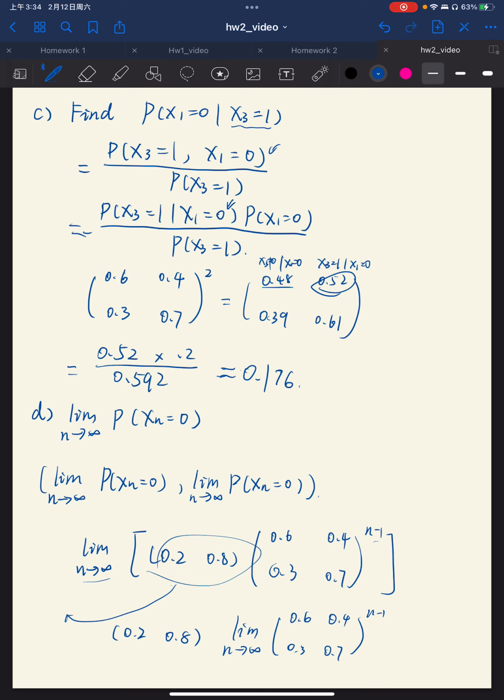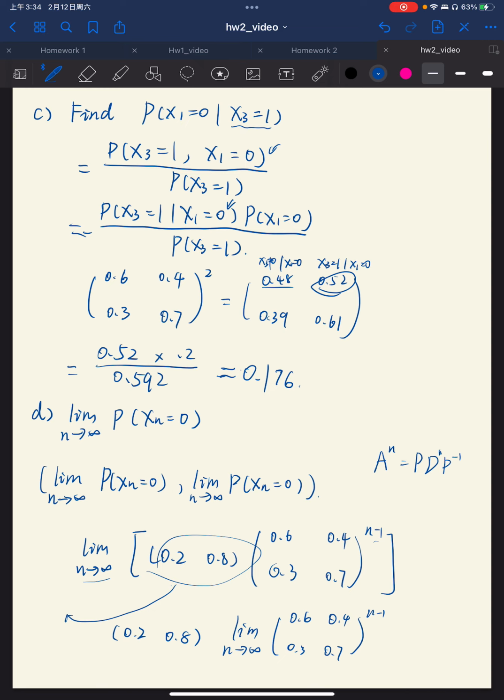And if we use the diagonalization in this way, we can find the limit.